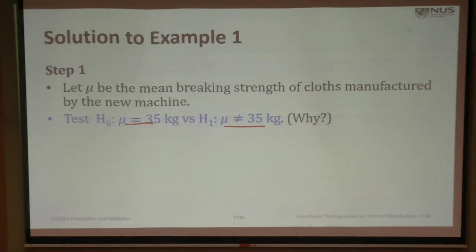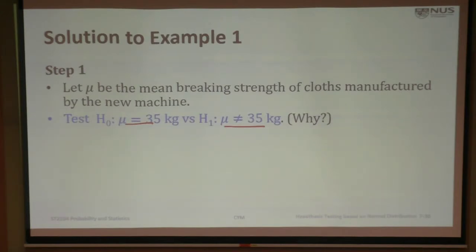By the way, please don't start writing my null hypothesis mu equal to 35 against H1 mu does not equal 35 without saying what mu is. Maybe your mu is different from my mu. So please say what you mean by your mu so that I understand what you're testing.